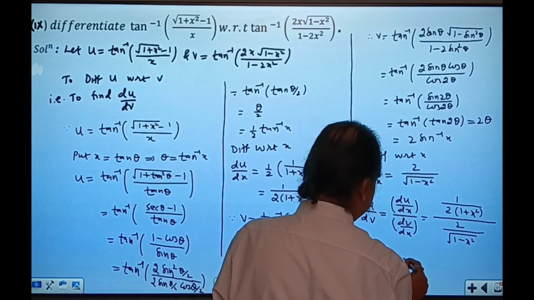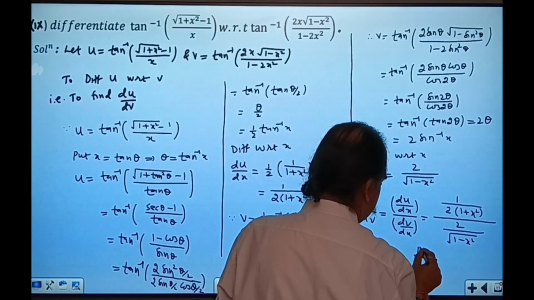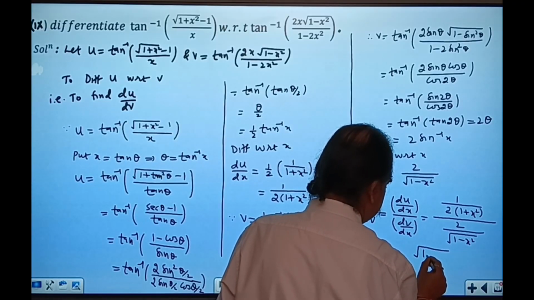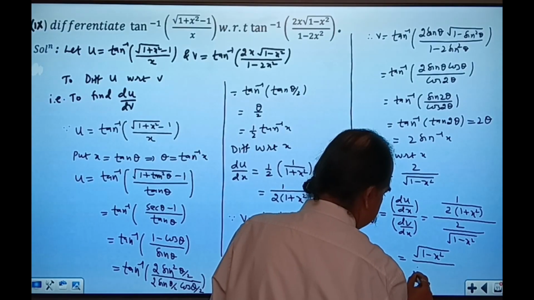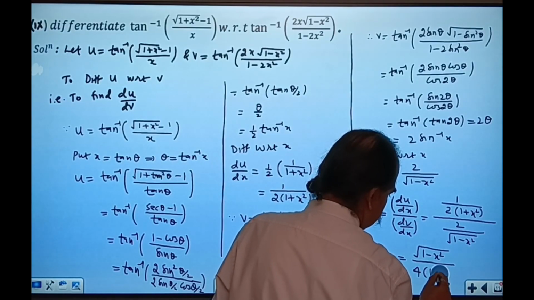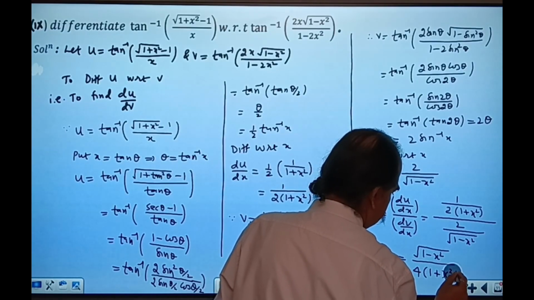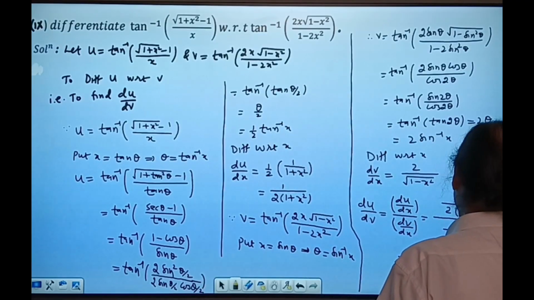This will go up. Root 1 minus x square upon 4 into bracket 1 plus x square is there.